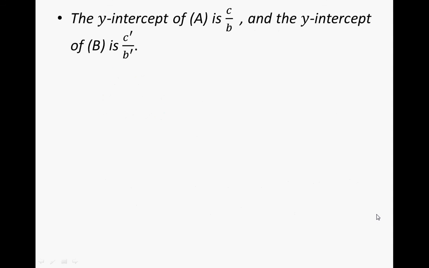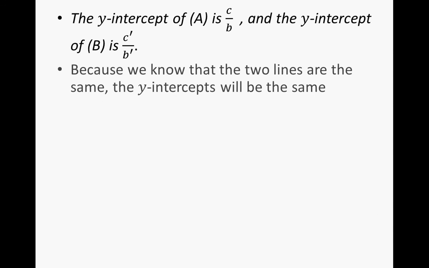Well, the y-intercept would be c over b, and the y-intercept of equation b would be c prime over b prime. Because we know that the two lines are the same, the y-intercepts will have to be the same. So c over b is equal to c prime over b prime.